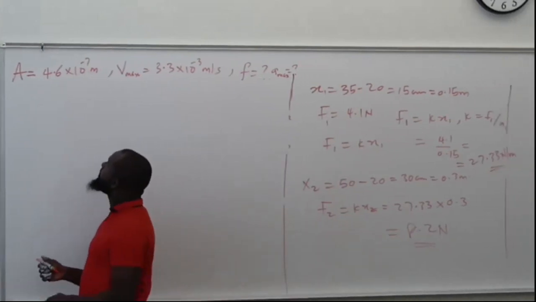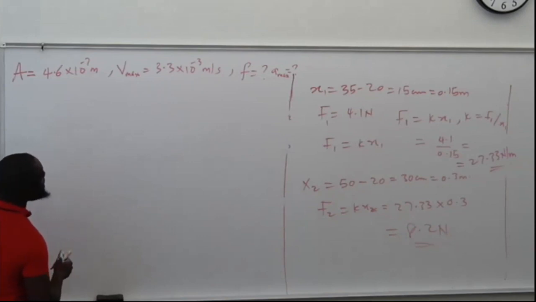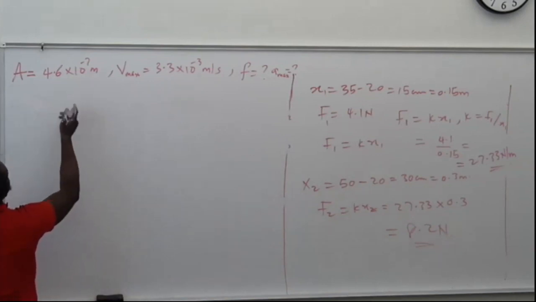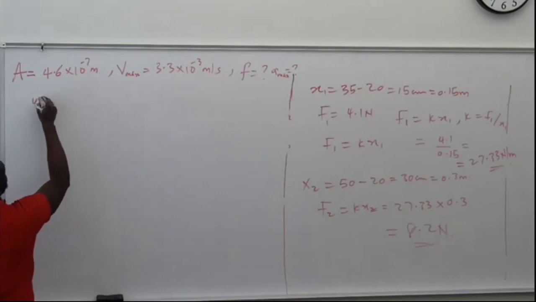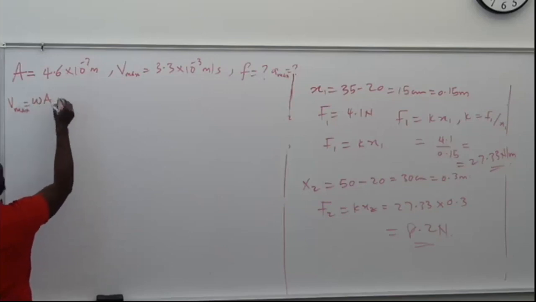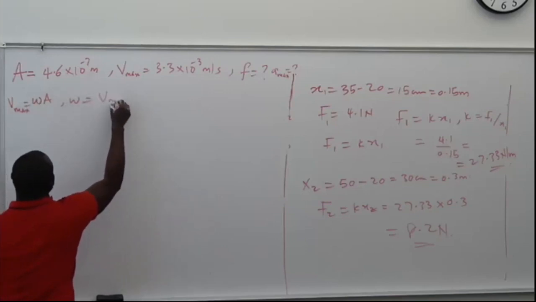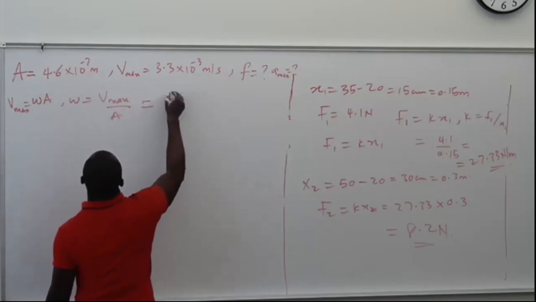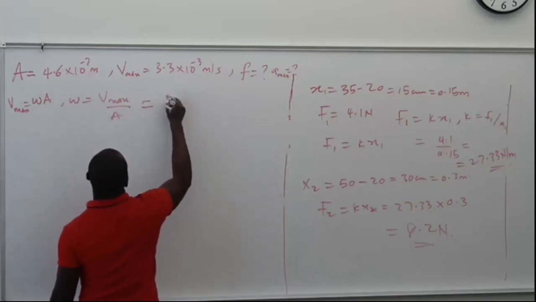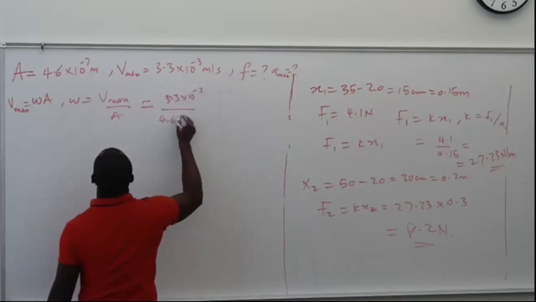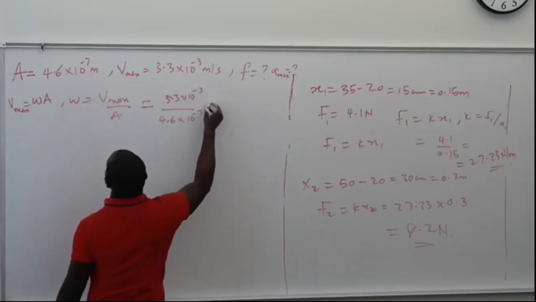Okay. Now, I'm given A and V max. I'm asked to find frequency. That's easy because I can get omega. Omega A is V max. So omega is V max over A, which is 3.3 times 10 to the power negative 3 over 4.6 times 10 to the power negative 7.